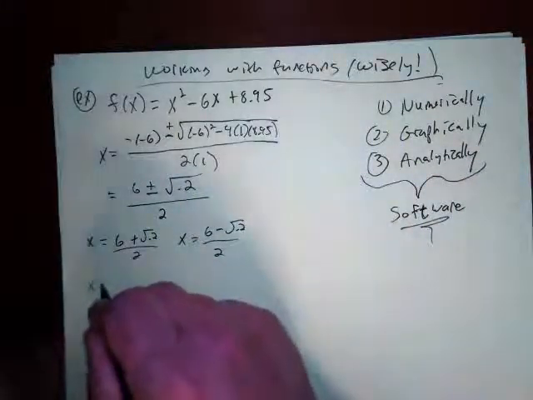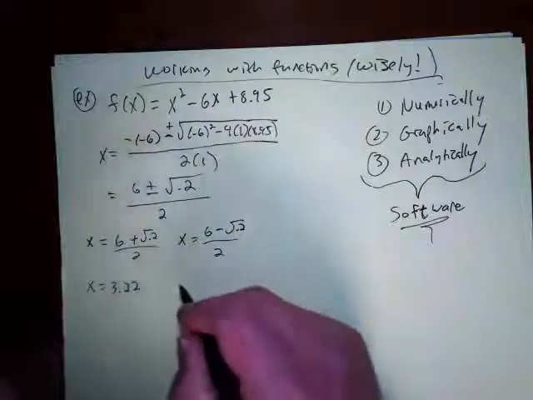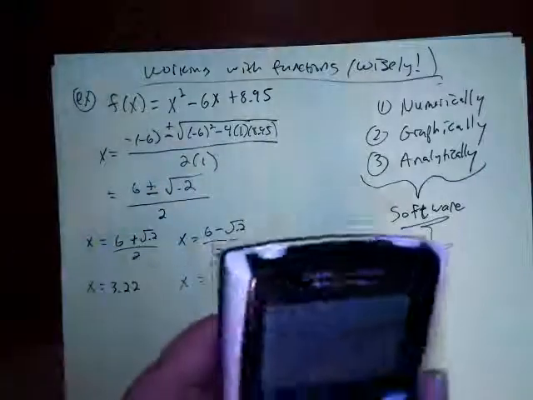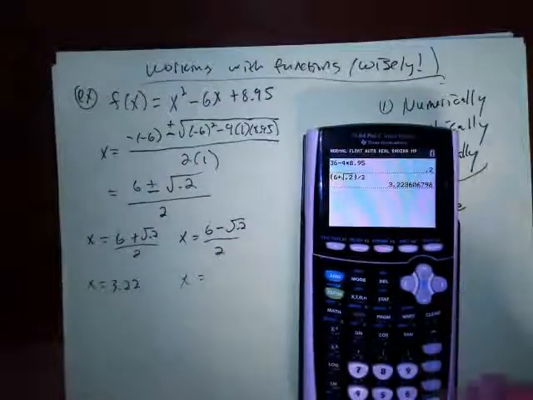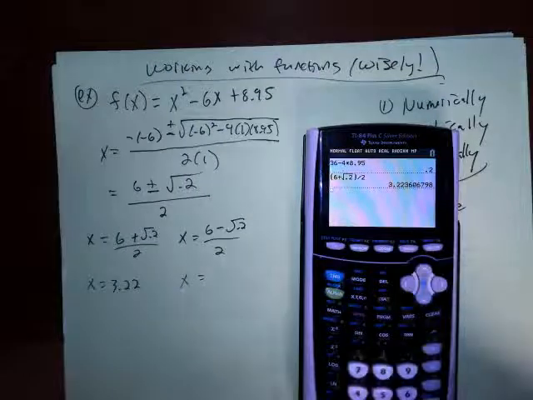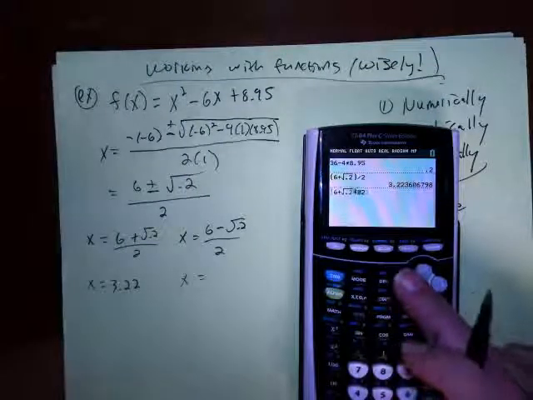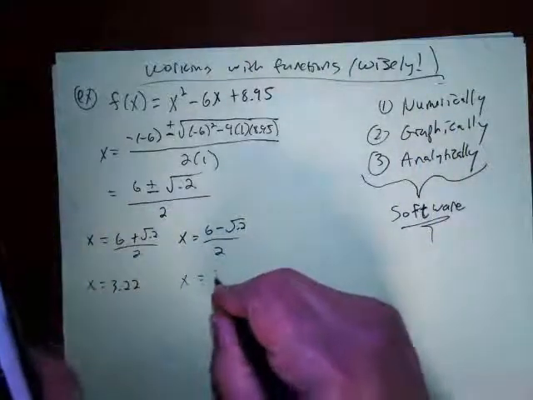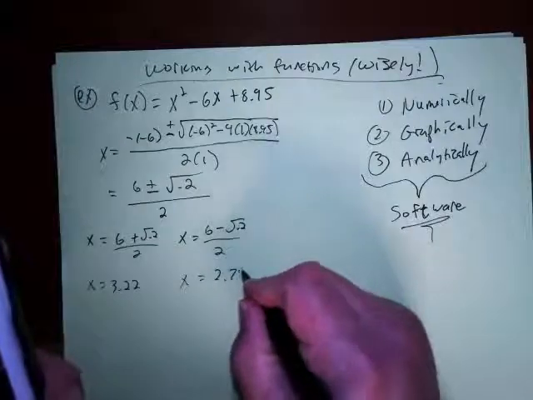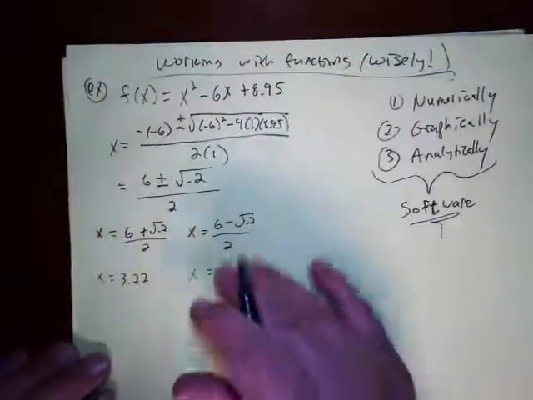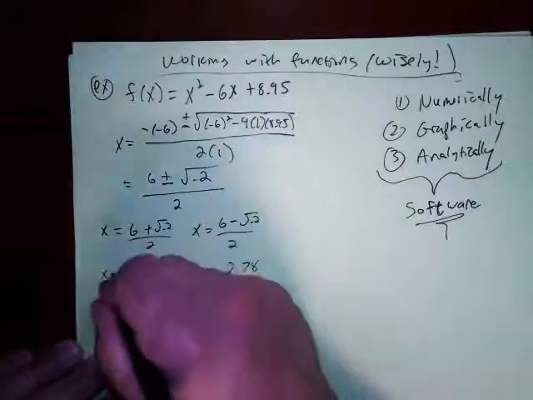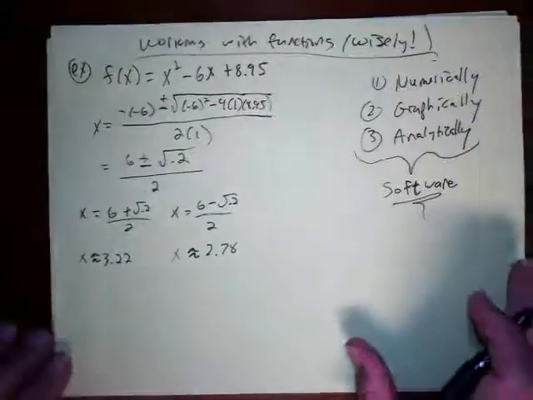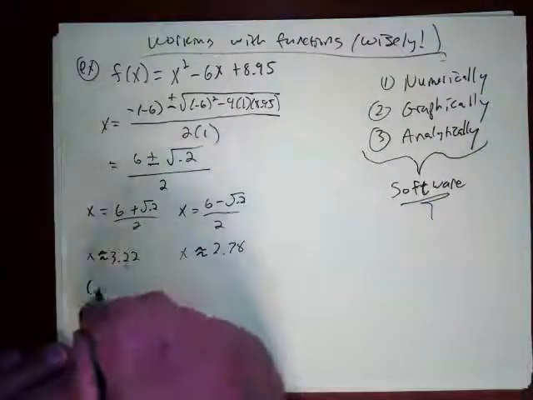So this is x equals 3.22. And then this one, x would be equal to, and now I'm going to put a minus here. And I get 2.78. And if it's approximately, then I would put something like that there. Okay? And so basically these would be the roots.